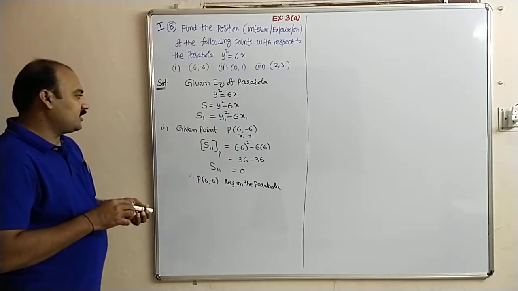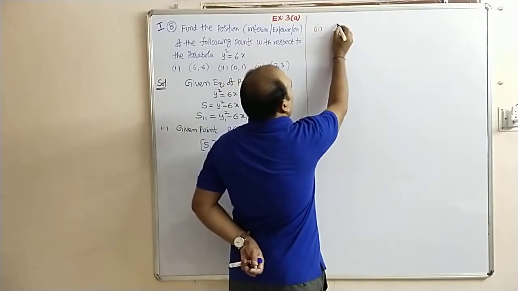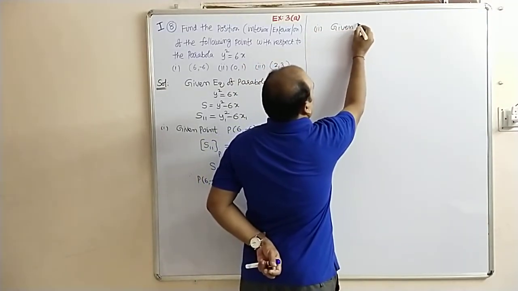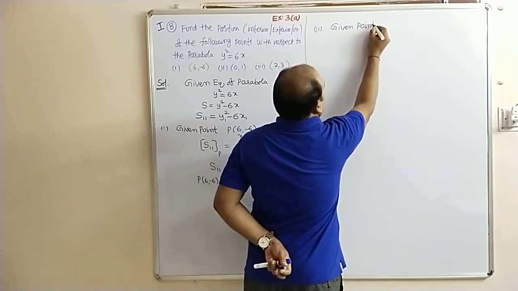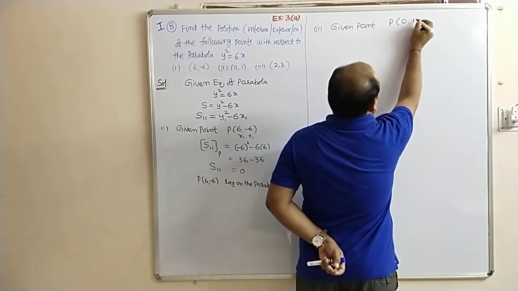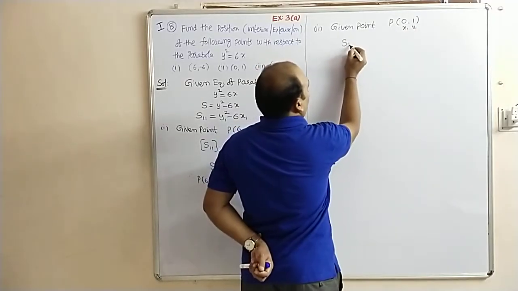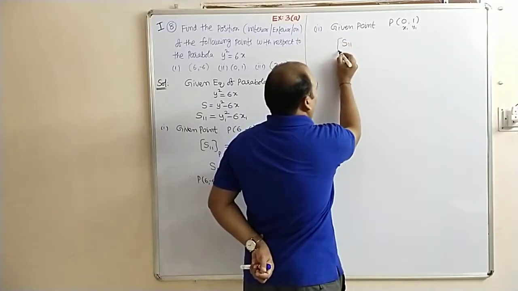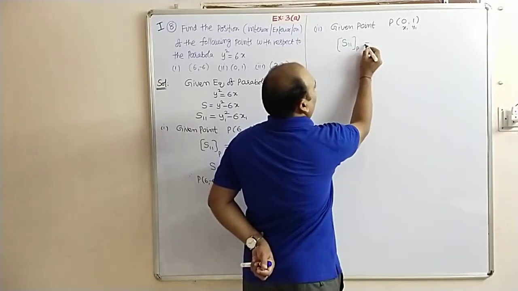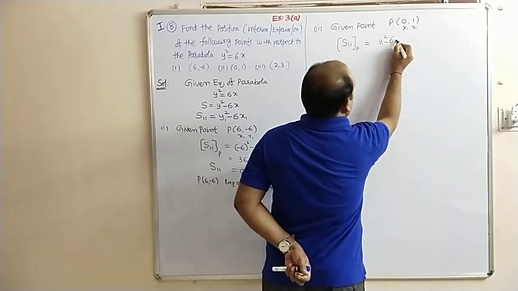Similarly, you can take that second point. Second point is given, point P of (0, 1), x1, y1. So S11 at the point P is y1 square minus 6x1.